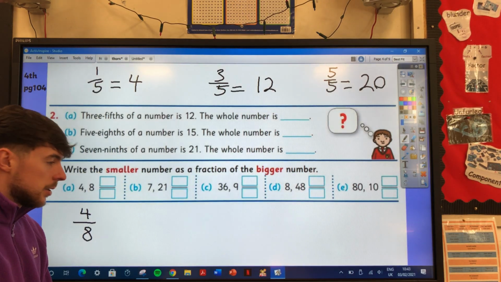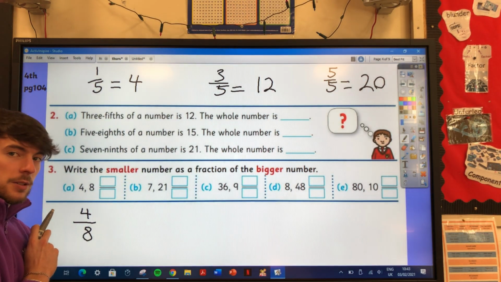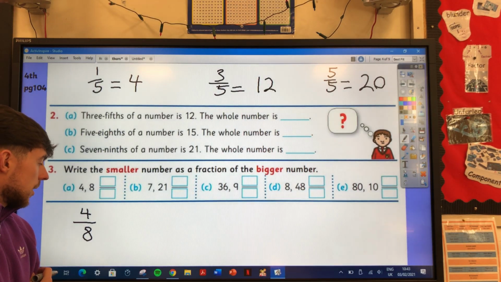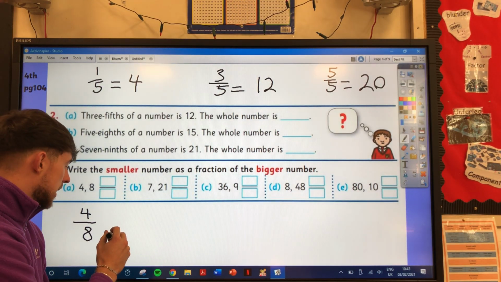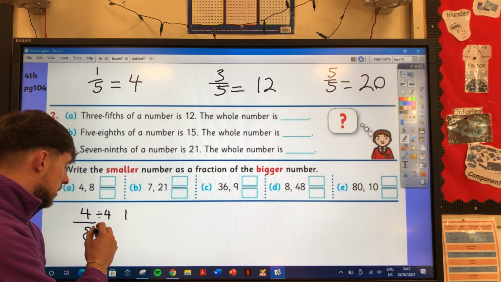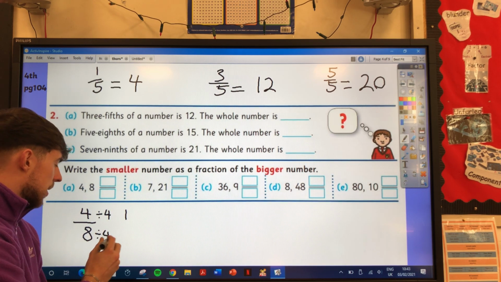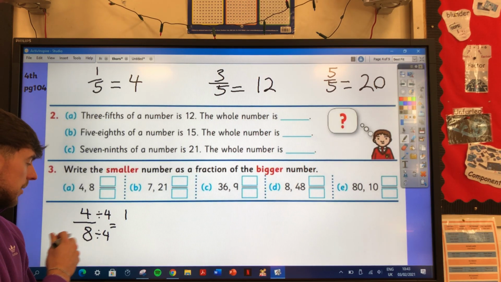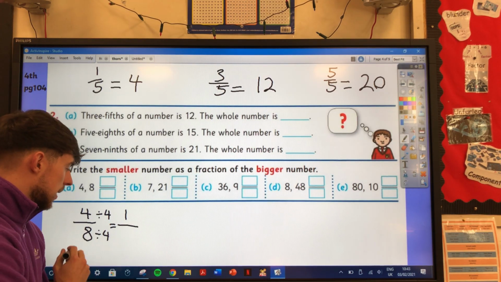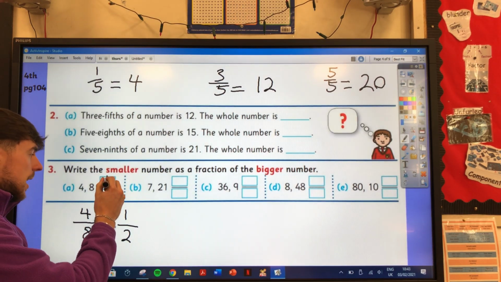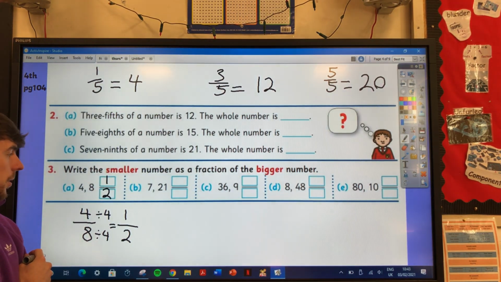It's always good to check the top number first, or the smaller number, see if that goes in evenly. For example, 4. Can we divide 4 into 4? Yes, we can. So that'd be 1, wouldn't it? So if we divide the top by 4, we have to divide the bottom by 4. So can we divide 8 by 4? Yes, we can. What do we get? 2. So our fraction is actually 1 over 2.